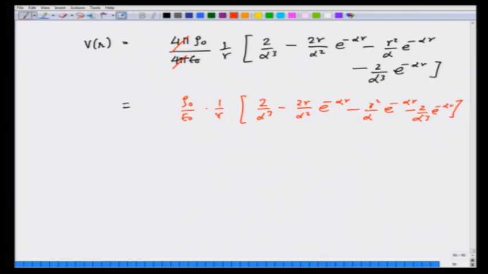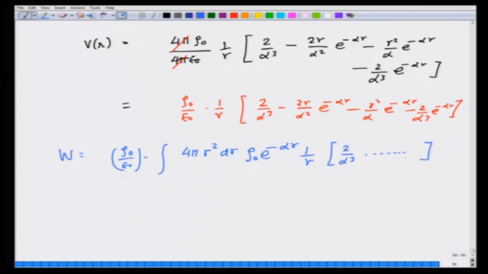Therefore, the work done is going to be rho 0 over epsilon 0 times the integral of 4 pi r square dr times the charge density, which is nothing but rho 0 e raised to minus alpha r, times 1 over r times 2 over alpha cubed minus this whole thing. Let us cancel a few terms. This r cancels here, gives me r alone.